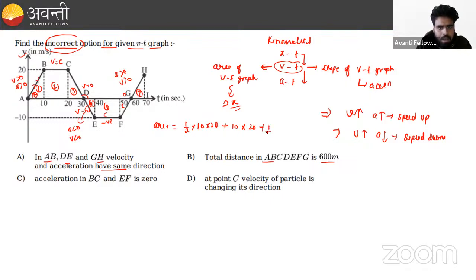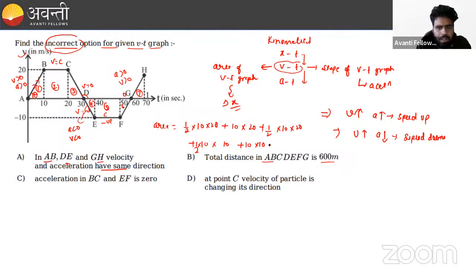Again half into 10 into 20. What is the area of this part? We have to calculate the distance, so we have to take the positive value. So this is again 10 into 10, half of it. In this manner, what is the area of this part? Positive 10 into 10.